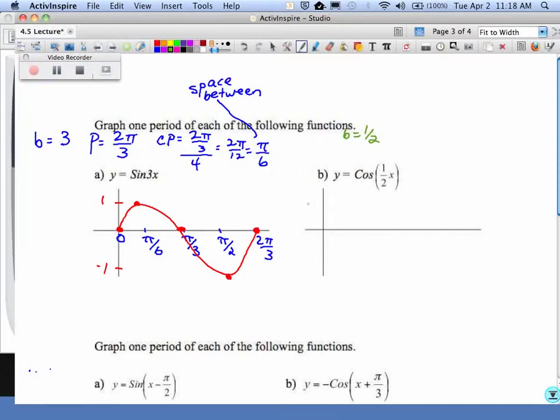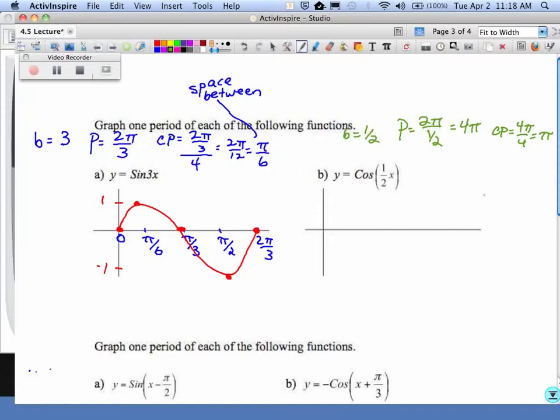What happens when you take 2 pi and you divide by 1/2? What do you get? 4 pi. And then your critical points are 4 pi divided by 4, or every pi. So this time you'll be spacing the critical points every pi.